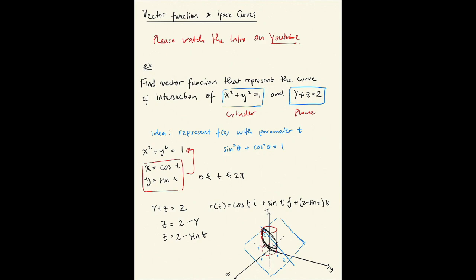The vector function we found before is exactly the intersection between the cylinder and the plane. In the middle of the cylinder and plane, it has a curve like this, and it has some direction.